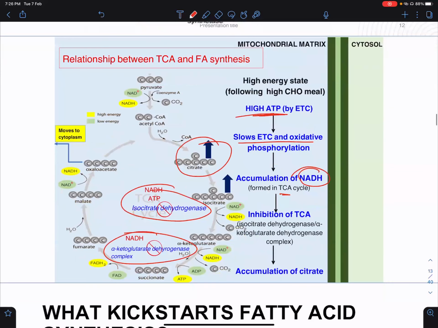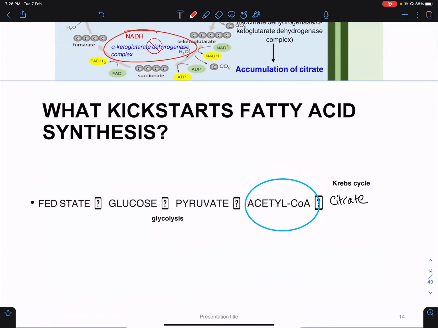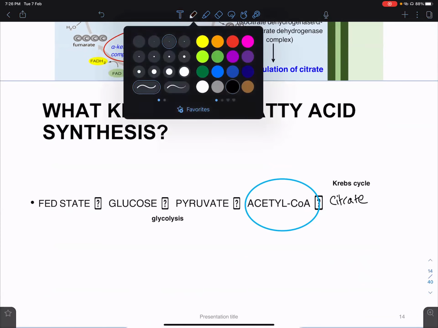So again, here I want to stress a really high yield piece of information that's always tested: even though citrate is the main activator, it's not a building block of fatty acid synthesis, or it's not what fatty acids are made of. It's actually acetyl-CoA. So what do I mean?